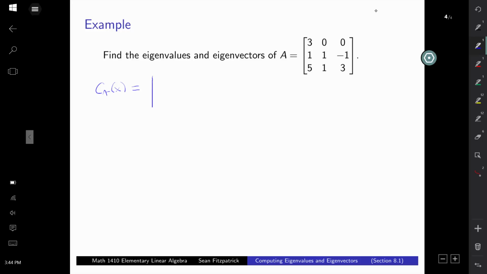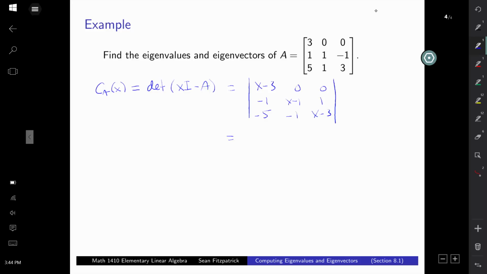Let me do it the other way around: x times the identity minus A. That's going to be x minus 3, 0, 0, minus 1, x minus 1, 1, minus 5, minus 1, x minus 3. Notice you have to remember to change all the signs around when you do that. This is the disadvantage of doing it this way.